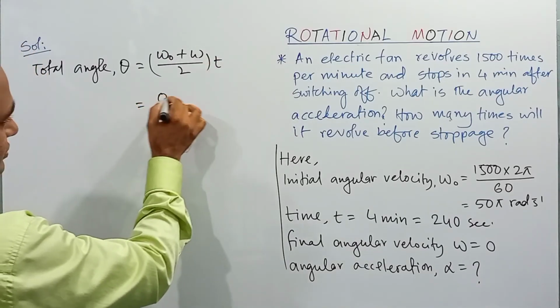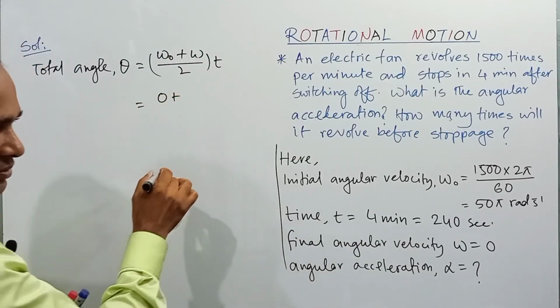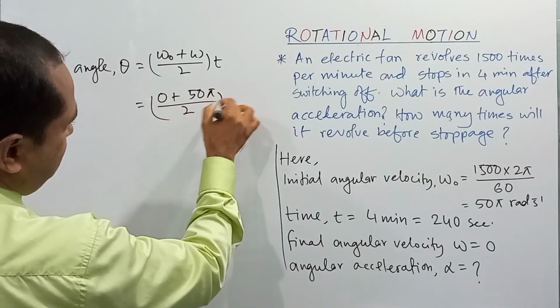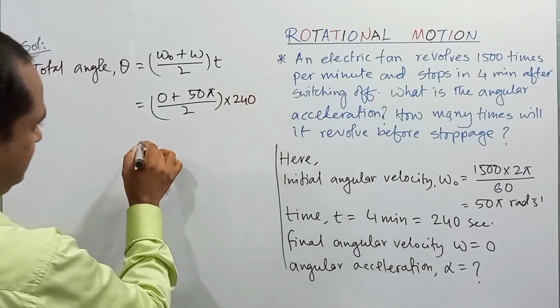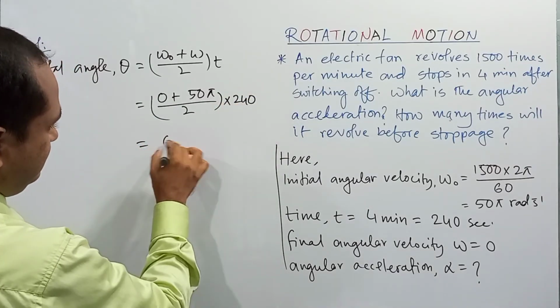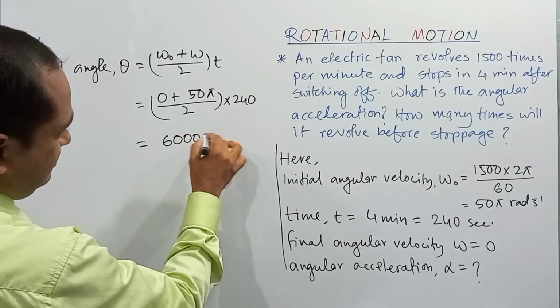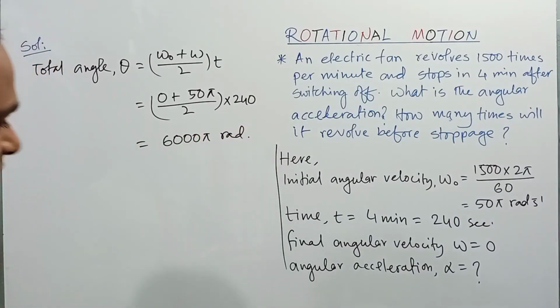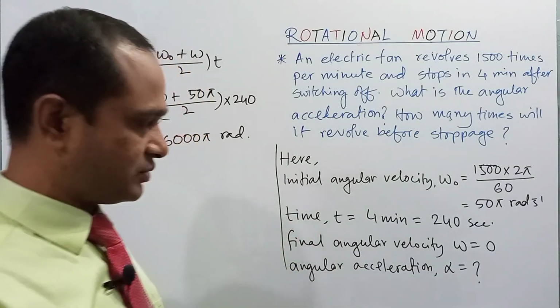So 0 plus 50 pi divided by 2, into 240. After the calculation you will get 6000 pi radian. This is the total angle that the fan makes before it comes to rest.